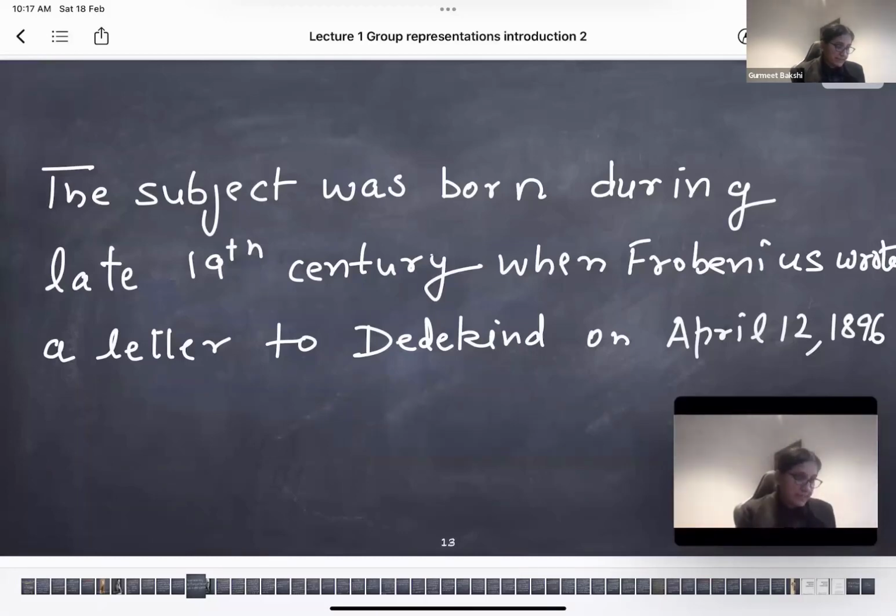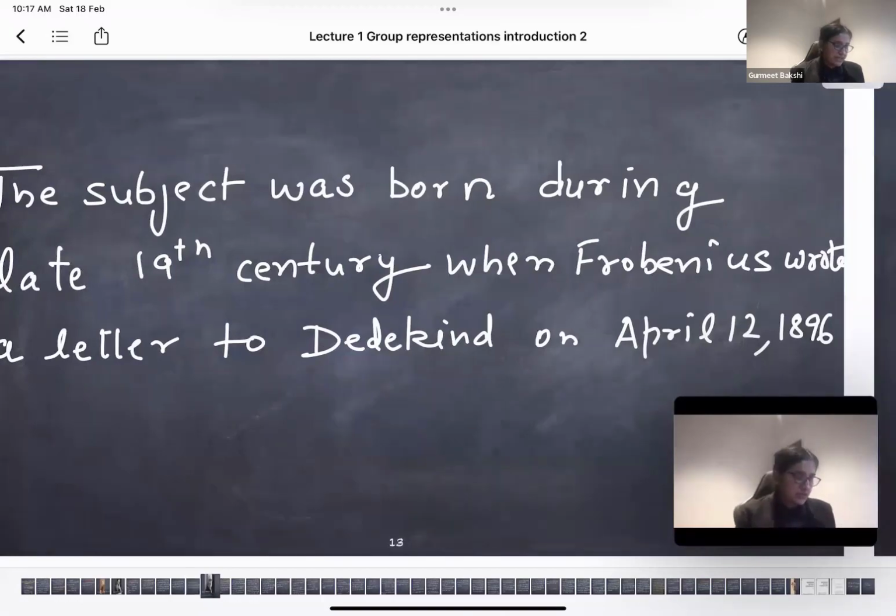Some people call April 12th, 1896 the birth date of representation theory. Usually a subject does not have any particular date assigned to it, but for representation theory, historians say it was this date when Frobenius sent this message to Dedekind.